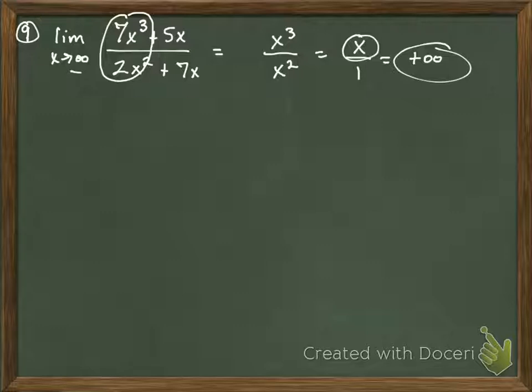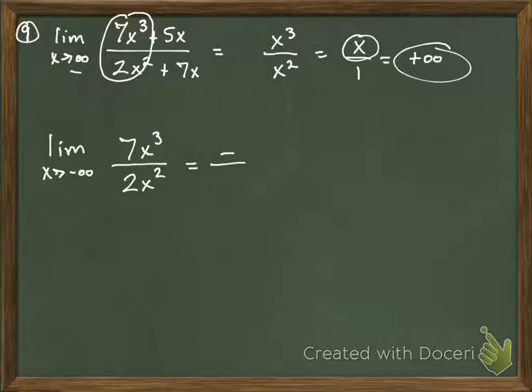So always a positive? All right, it could go to negative. So what would make it go to negative? Okay. Or odd. Think about if I had limit as x goes to negative infinity of 7x to the third over 2x squared. Okay? Think about that. And think about if I plugged in negative infinity.